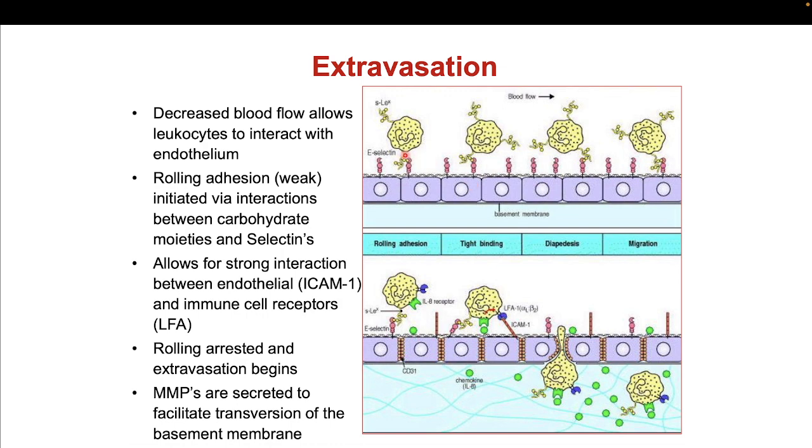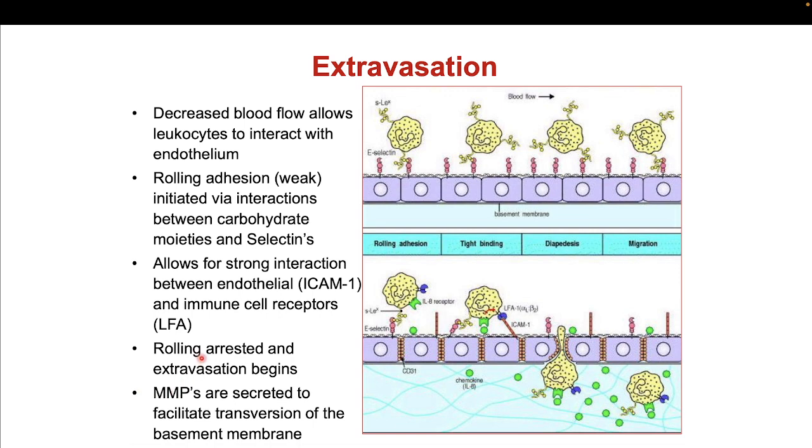So the neutrophil will keep rolling on this membrane, and that's how it interacts with the molecules on the membrane layer. After that interaction happens, your neutrophils will squeeze in through the gap that occurs between two endothelial cells. This gap can be created by MMPs, sorry, I forgot the name.